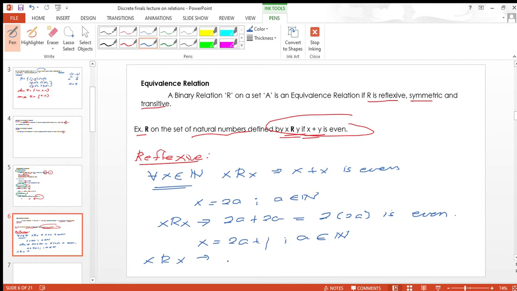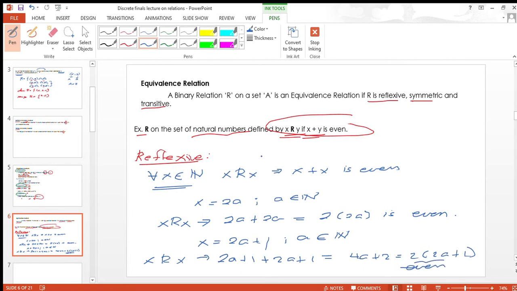Therefore, x R x will now be 2a plus 1 plus 2a plus 1. So where did I get 2a plus 1, 2a plus 1? Because x R x is defined by x plus x. The result must be even. And what do we get here? We get here 4a plus 2, or that's 2 times 2a plus 1, which is again even.